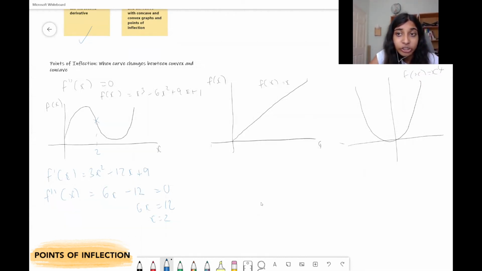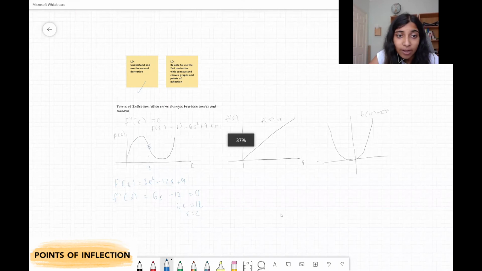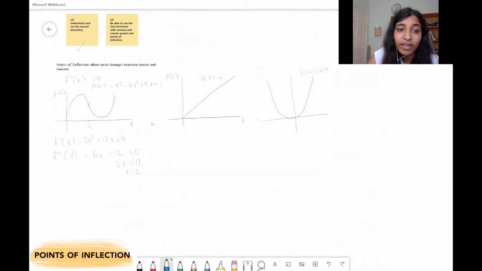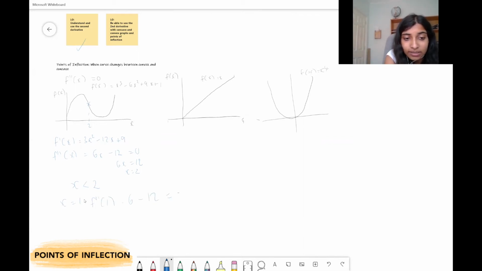And if we want to check that this is a point of inflection, we want to work out what the second derivative does when x is less than 2 and when x is greater than 2. So when x is less than 2, let's say x is 1, for example, then f double dash of 1 is equal to 6 minus 12, so that's minus 6.